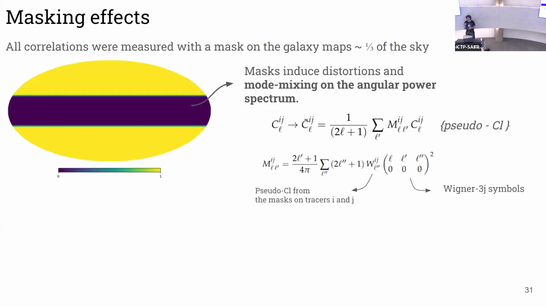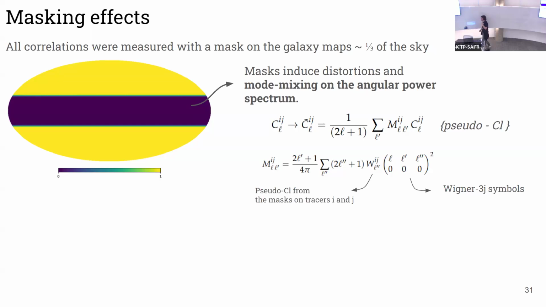Another thing, the last thing I want to comment on, is masking effects. If you compute the CL in a masked catalog, you will end up distorting it, and it distorts it with this sum in different multiples of your real CL.